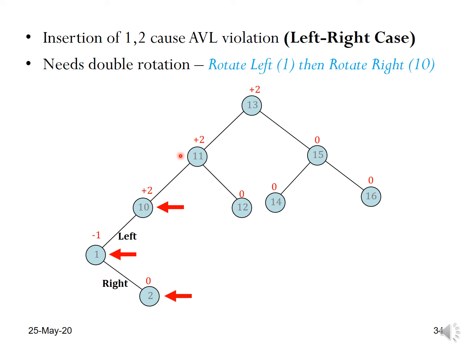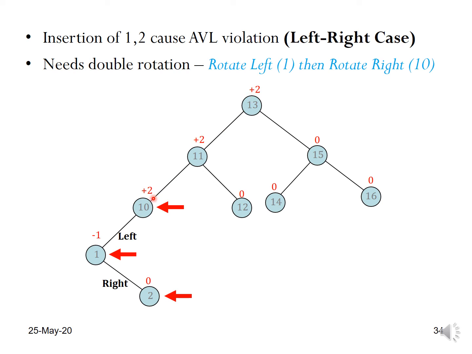And the balance factor of this 11, this is 1, 2, 3, 3 minus 1, so this is plus 2, and the balance factor of this 15, this is 1 minus 1, the height of the left subtree is 1 and the height of the right subtree is also 1, so 1 minus 1 is 0, and the balance factor of 13 is also plus 2 because the height of the left subtree is 1, 2, 3, 4, and the height of the right subtree is 1, 2, so 4 minus 2, this is also plus 2.